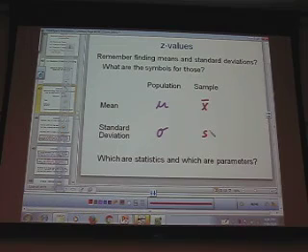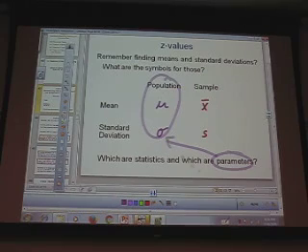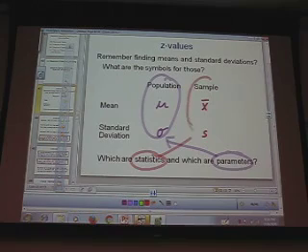S. Good. All right, so which ones are statistics and which ones are parameters? Talk to your neighbors, 15 seconds. Which ones are parameters, guys?